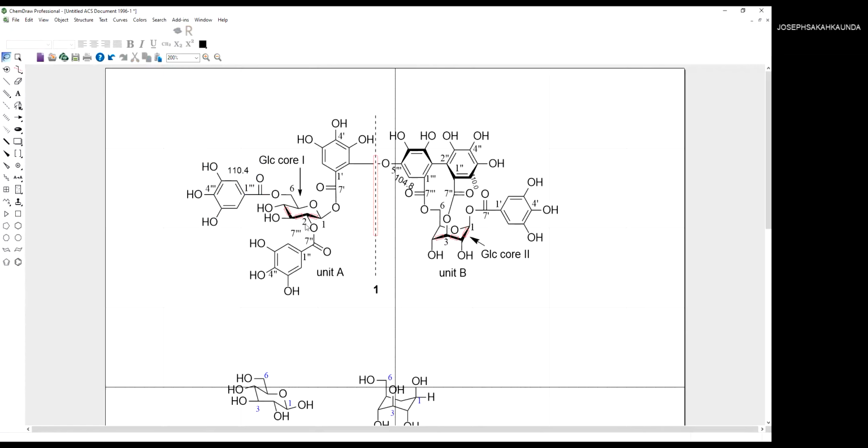If you follow where this proton is on HMBC and then look at what carbon it correlates with, you will see this. You may see this too, but these are not important to us now because we've already done the glucose.